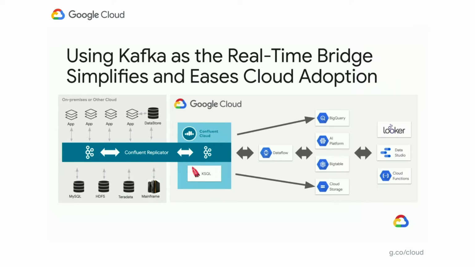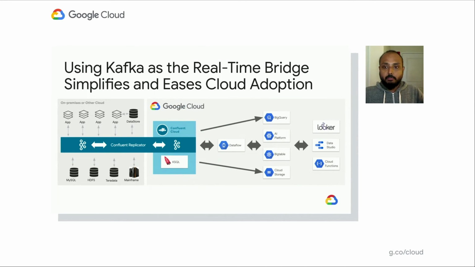So if you are using Kafka, you can leverage the Replicator feature from Confluent on top of that and replicate the data pretty easily from on-prem to GCP. Now, all your existing systems are already pushing data to Kafka, so you hardly have to do anything. And then once the data comes to GCP, the same data pipeline which we talked about earlier can be triggered, and the data can go into all its different paths, from visualization to Cloud Functions to Data Studio and so on and so forth.